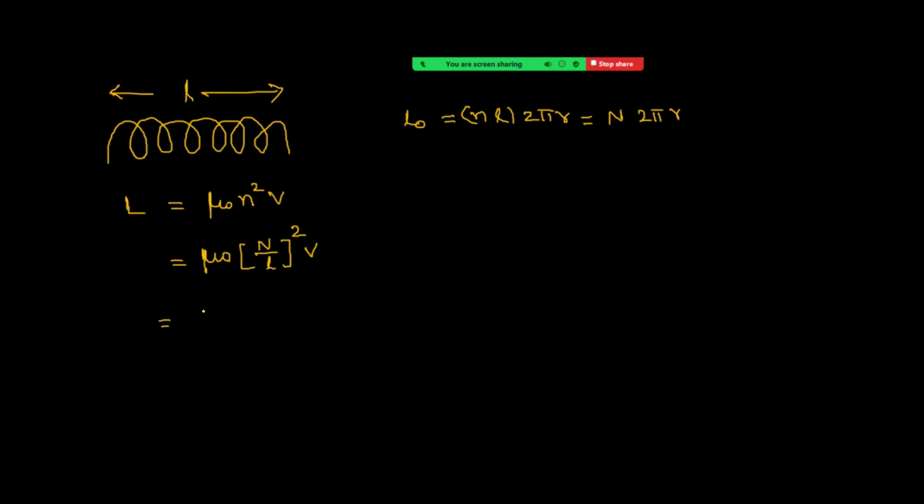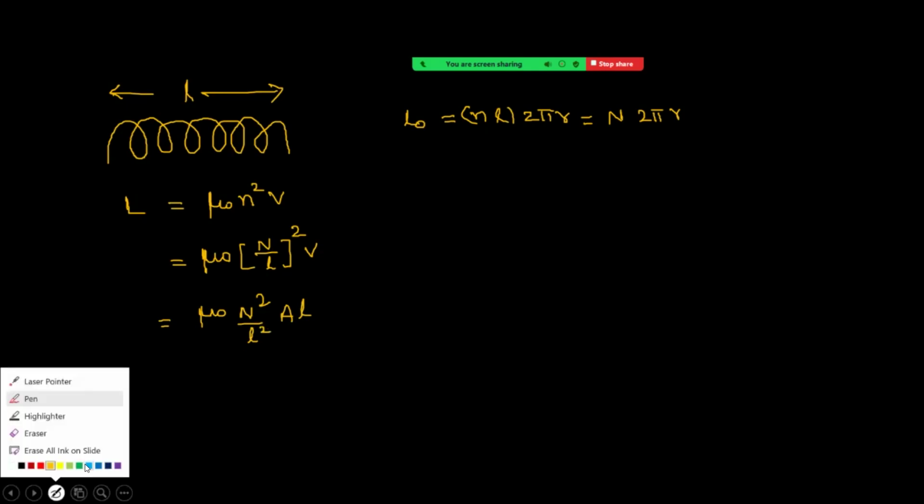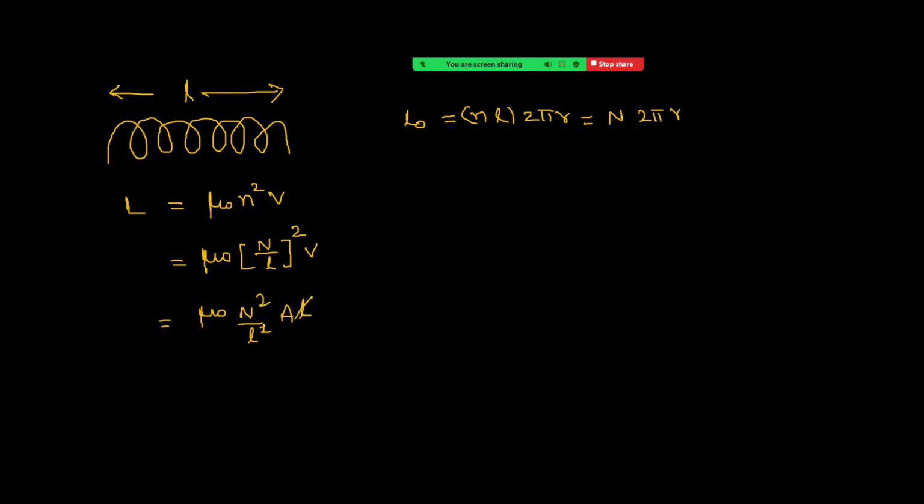This is now mu naught n square by L. See, in the place of volume, I can write A into L. This is L square. And here one L gets cancelled. Right.